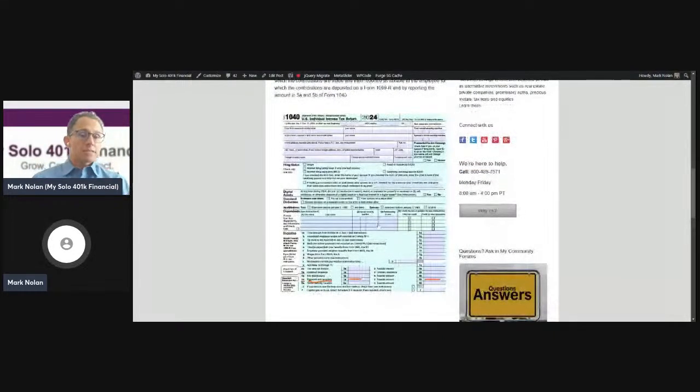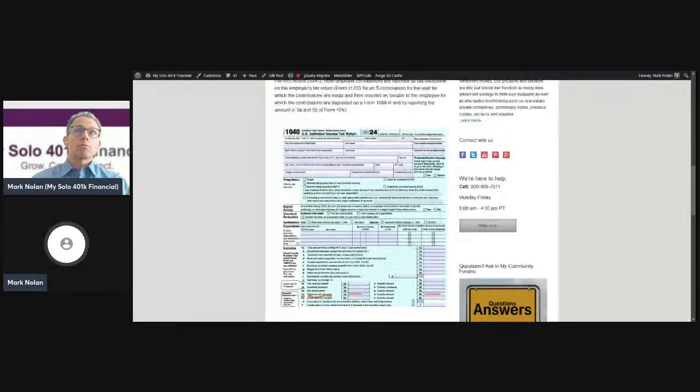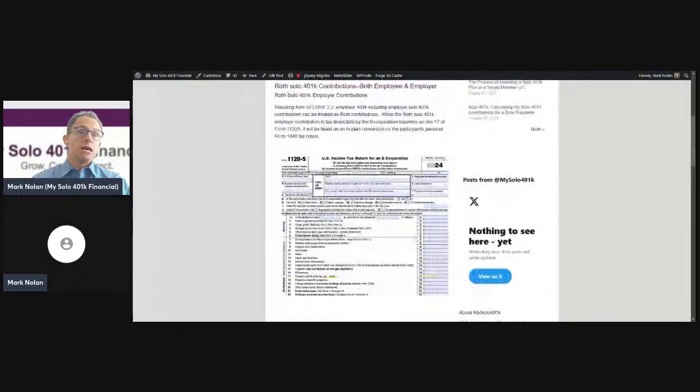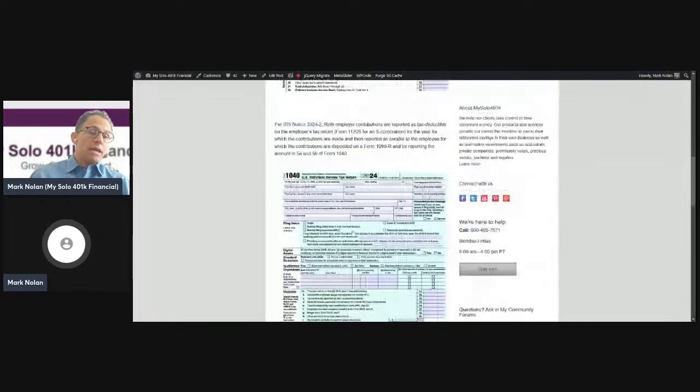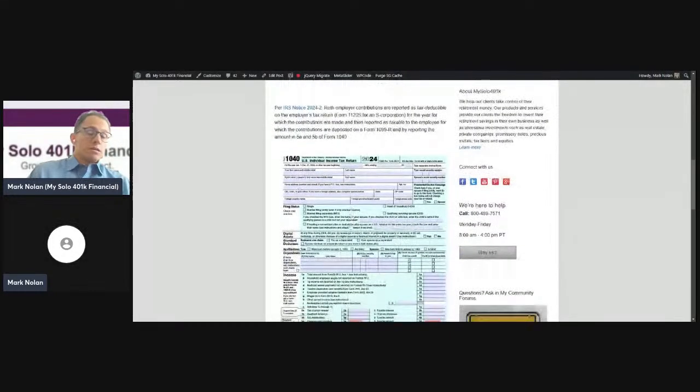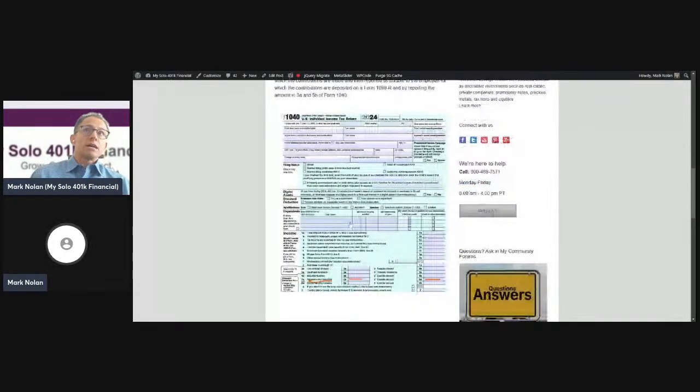So it's going to be taxable on the participant's personal tax return, which is Form 1040. So yeah, it's kind of quirky because the corporation gets a deduction on the 1120S for that employer Roth solo 401k contribution, but the participant, aka the taxpayer, is going to have to pay taxes on that $25,000 because it's going to be treated as an in-plan Roth conversion.